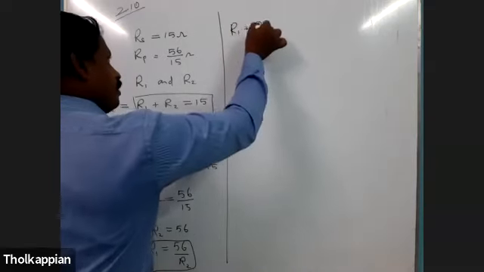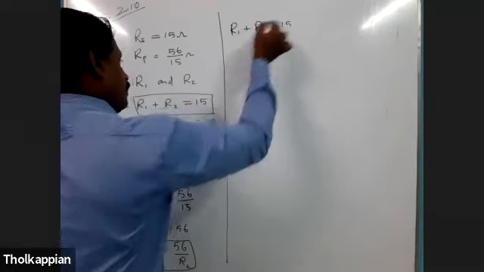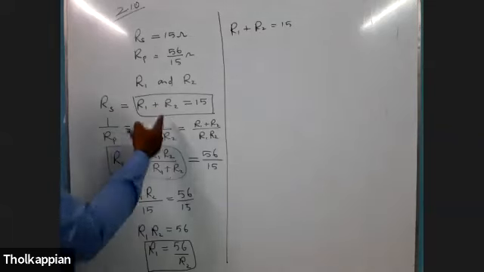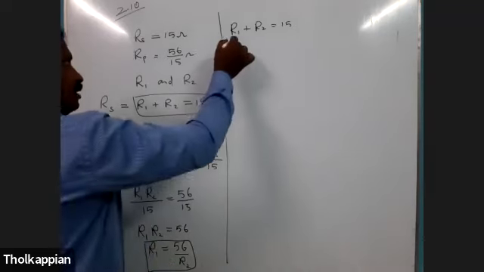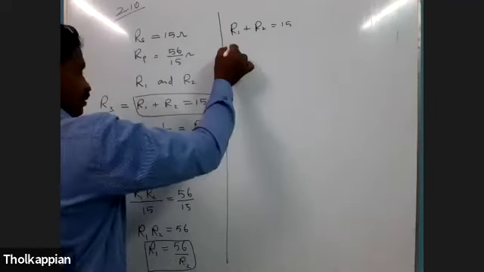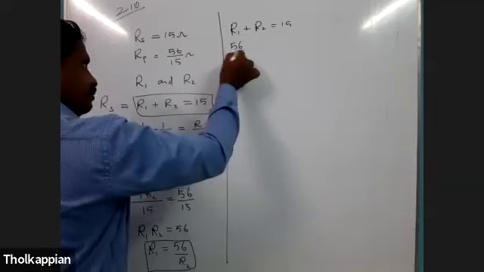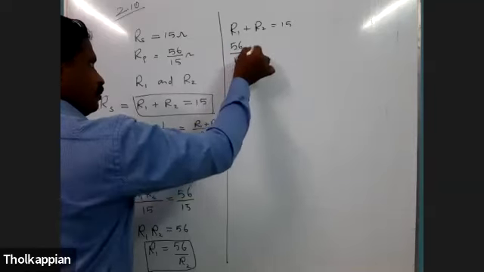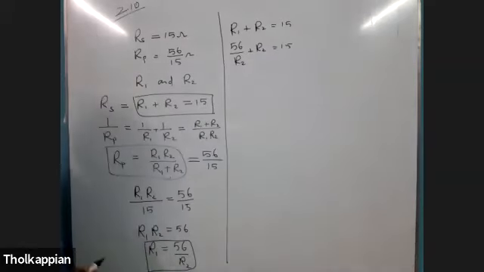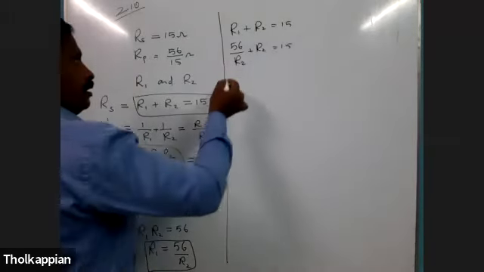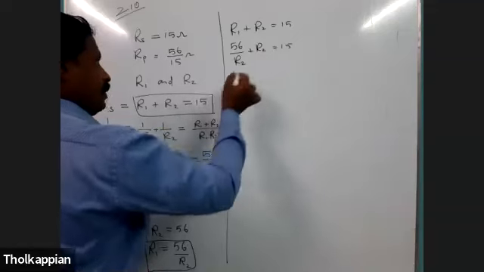Here R1 plus R2 is equal to 15, that is given data. And in the place of R1, you substitute 56 by R2 as R1. So 56 by R2 plus R2 is equal to 15. And multiply throughout by R2.